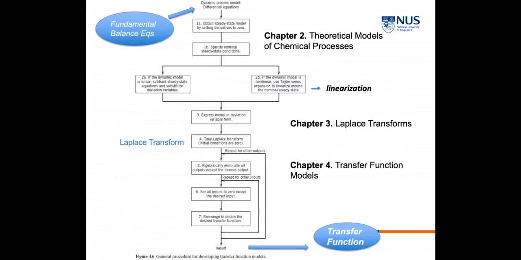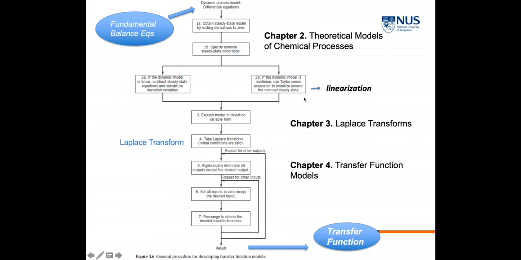Okay, now if you have the book open, you can also get this PDF copy or your hard copy book to have a look at it, because we want to introduce the different chapters and how they introduce different concepts through this Part 1. We start from the very fundamental balance equations, the introduction to process dynamics and control, and then we move to chapter 2 to develop the theoretical models of chemical processes.